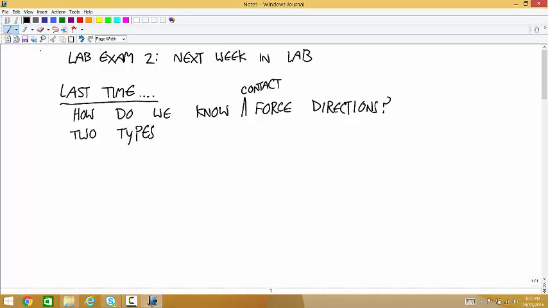There's going to be a third type that we'll talk about pretty soon. But for now, two types. The first one is pulling force, and we think about that involving cables and pulleys.